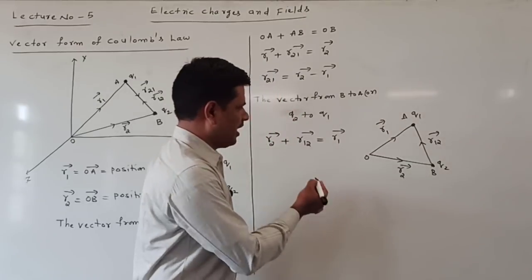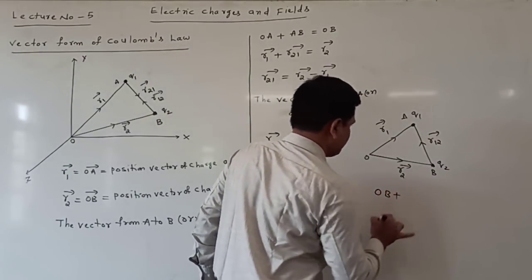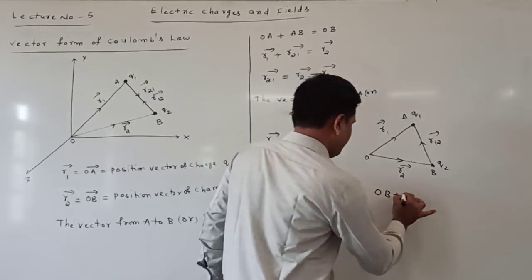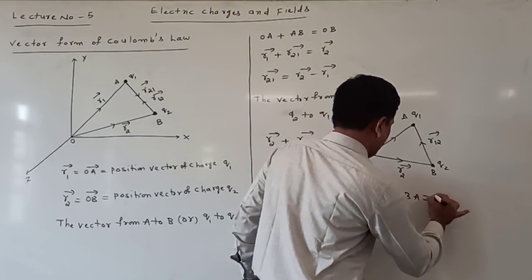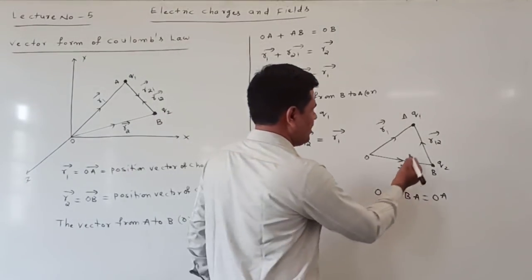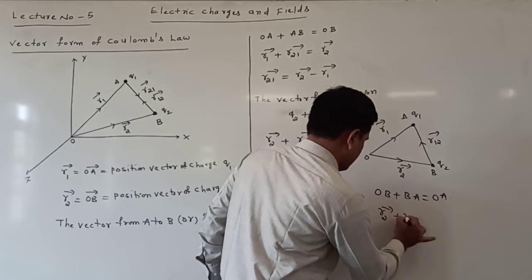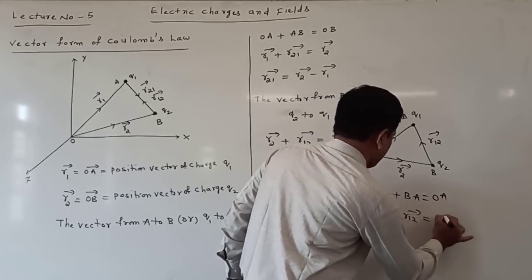Now in this triangle, OB plus BA is equal to OA. BA is required, BA is equal to R12 bar, and OB is R2 bar, so R2 bar plus R12 bar is equal to R1 bar.